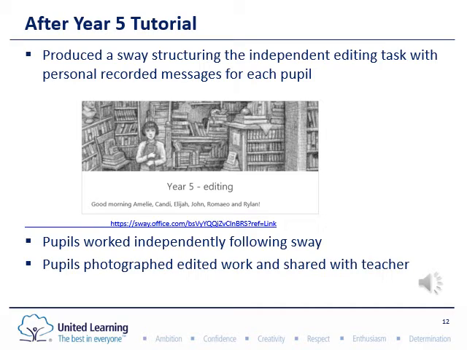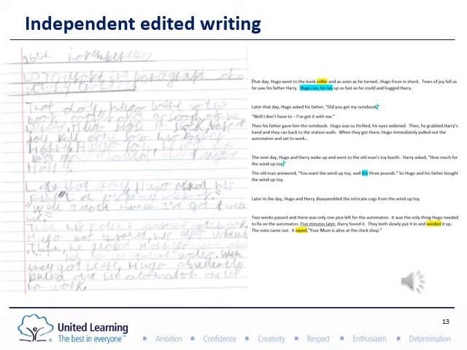The children then completed the Sway independently, following the tutorial, which had a little bit of modelling in as well, and they edited their work, photographed it and sent it back to the teacher. This pupil chose to type up their original draft so that it was easier to read with the editing in place there.